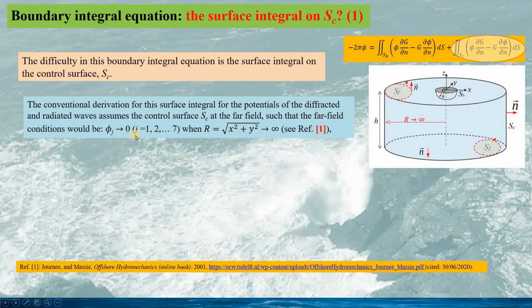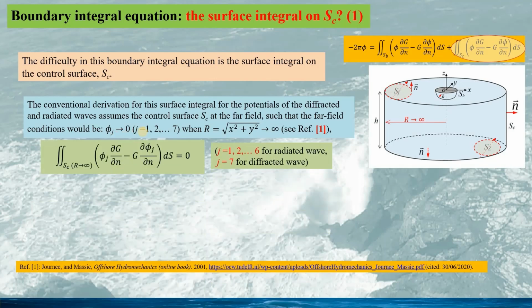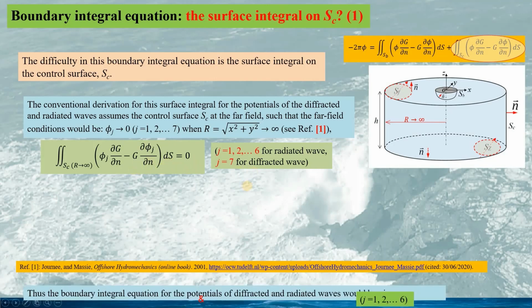In fact, they are infinitesimal, not exactly 0 from the mathematical point of view. Thus, the surface integral on the very large surface SC would be 0 for the diffracted wave and the radiated wave given in this expression.